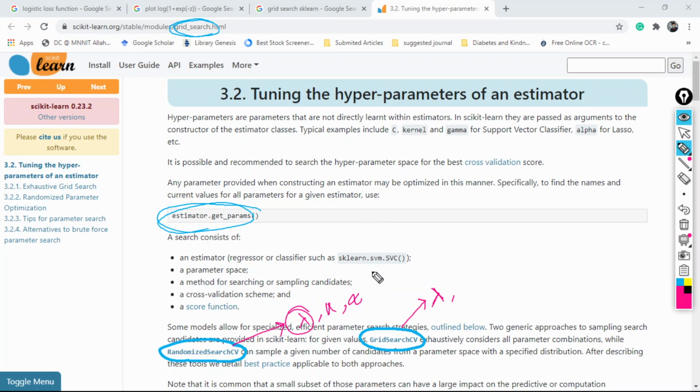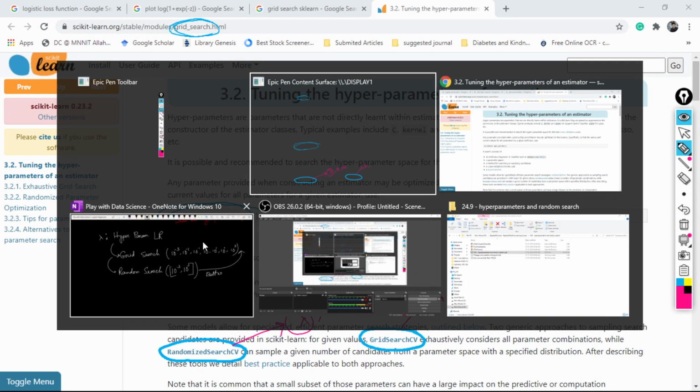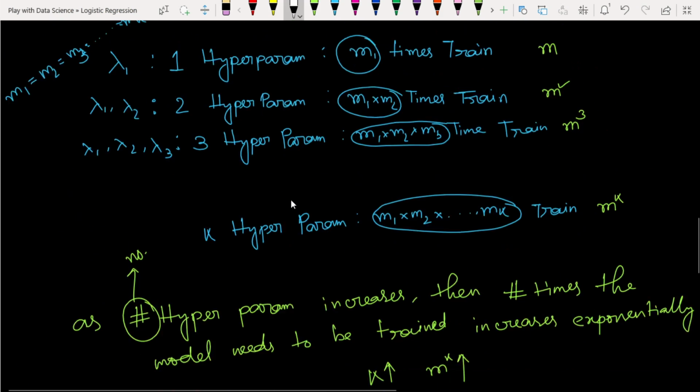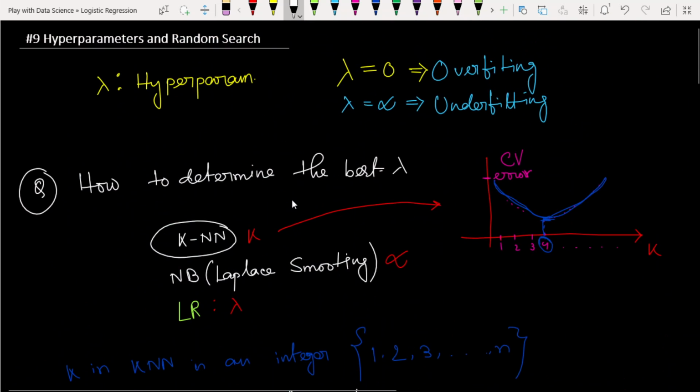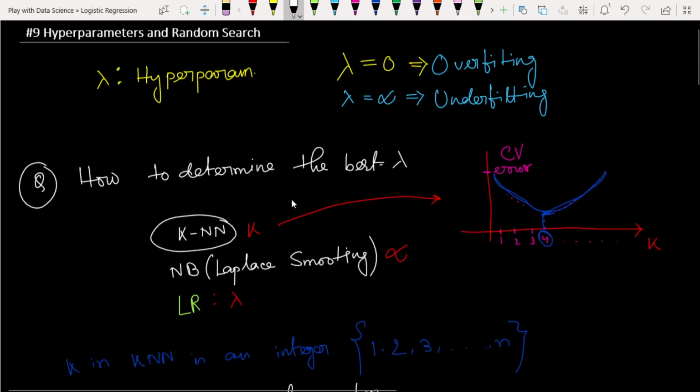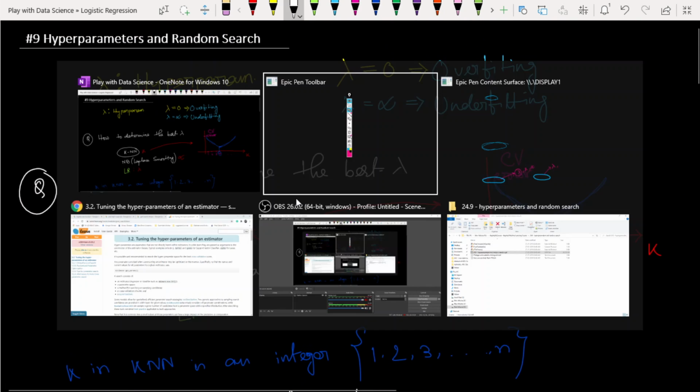So it is simple: just type this function and call whatever kind of search you need, as simple as that in Python. I think all the concepts are clear, and in this lecture this is the sample hyperparameter search we had to find. Okay, thank you.